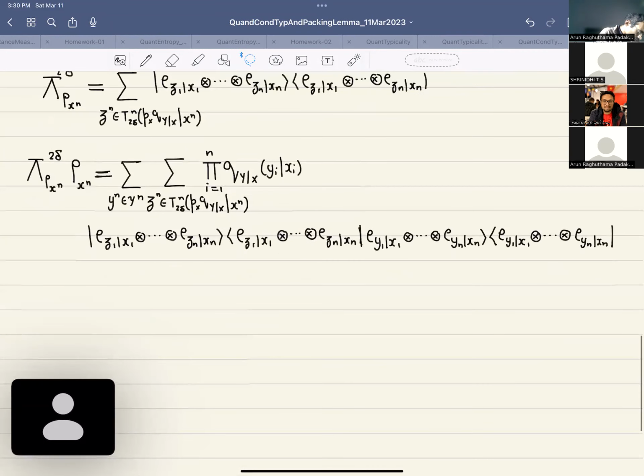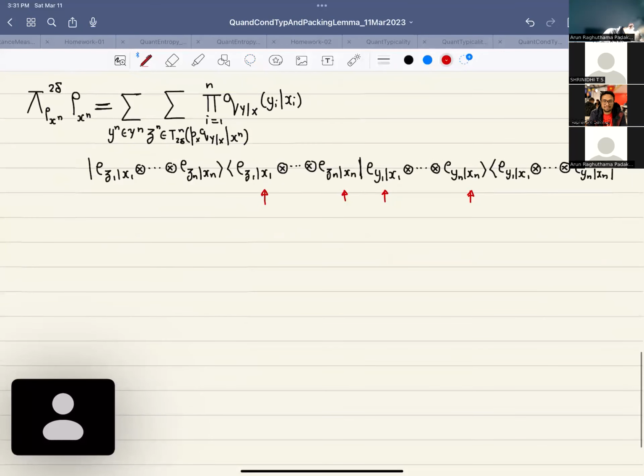Now remember, I told you this. So the x1s are all same. This x1 is same as this x1. This xn is same as this xn. And remember I told you that the inner product of e y given x with e z given x is equal to delta yz.